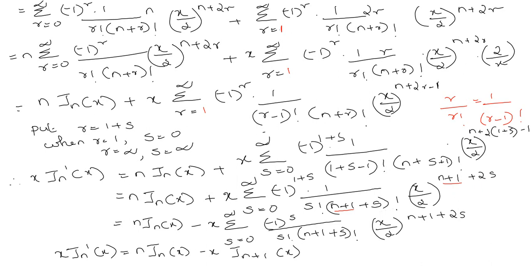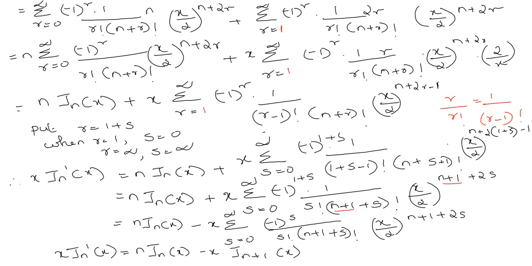So here the second term on the RHS is x into sigma s is equal to 0 to infinity, minus 1 raised to 1 plus s into 1 by s factorial into n plus 1 plus s factorial into x by 2 the whole raised to n plus 1 plus 2s.